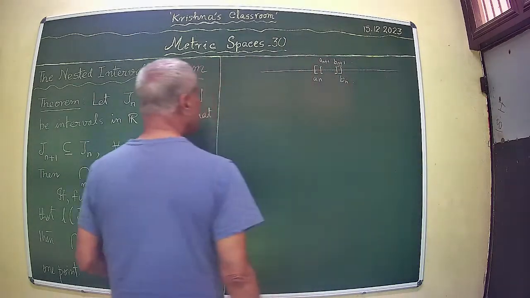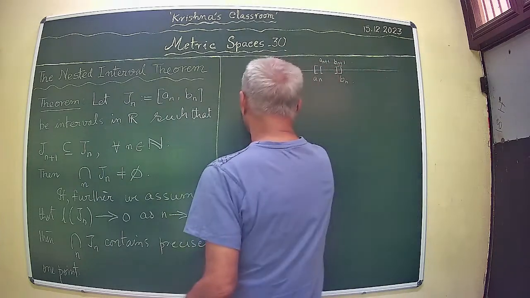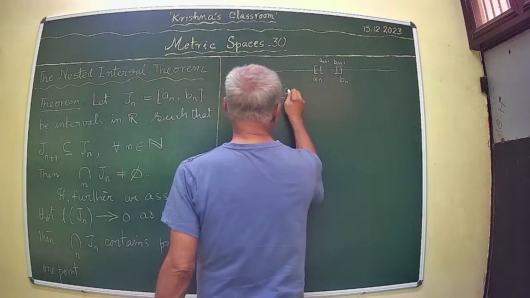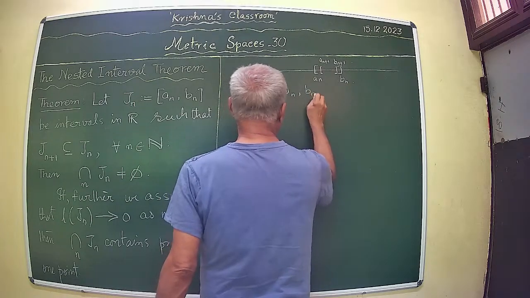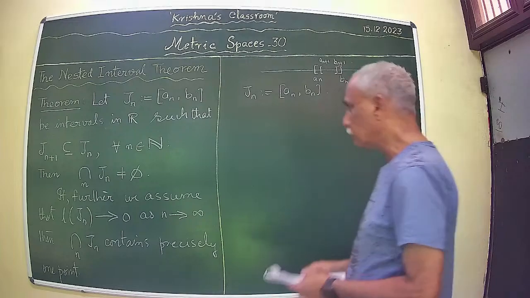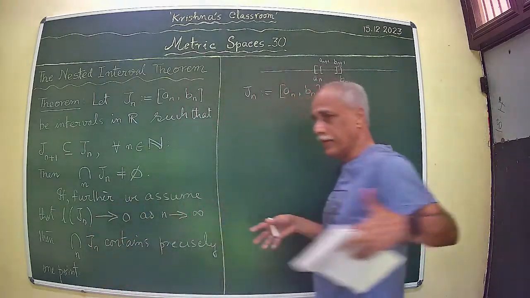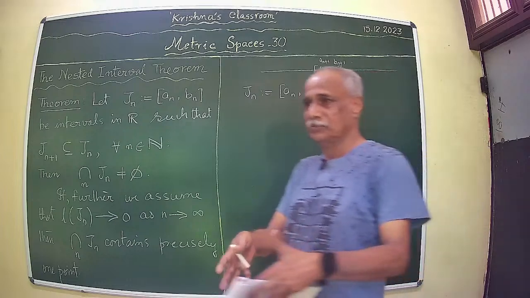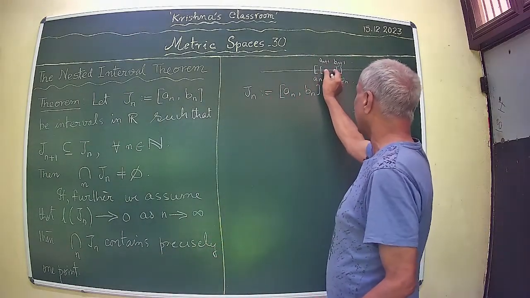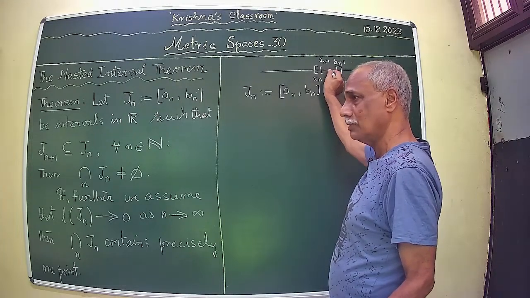So you have a sequence of intervals Jn, and what happens is you have a nested collection of intervals. As you see, [an plus 2, bn plus 2] is inside this and so on.